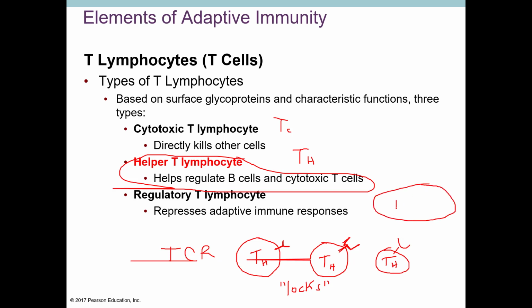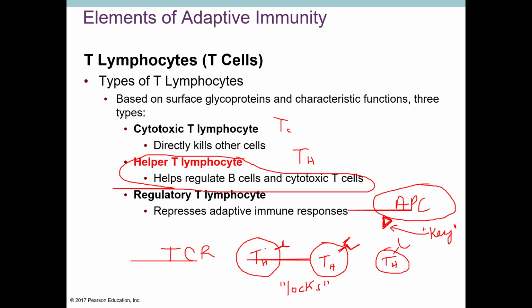So here's an antigen presenting cell, and let's say that it is presenting an antigen that is a triangle shape. So the pathogen has this antigen, and here's the antigen on the surface of the APC. Then each of these cells will come up, and so this is kind of like the key, if we're using this analogy of the lock and the key.